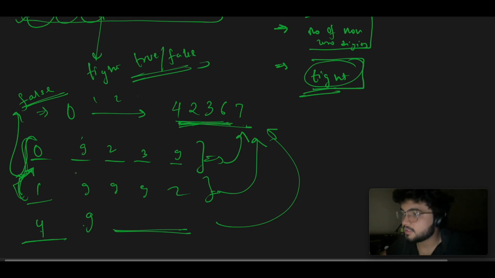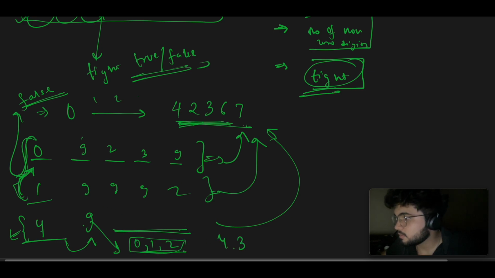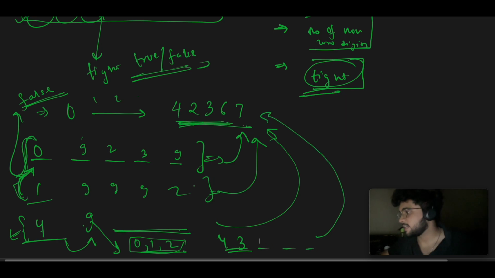So we don't have a tight bound situation where we cannot use any number here, right? But here, as we have the maximum possible number, we have a tight situation, right? We cannot have 9, we can have only 0, 1 and 2. These three numbers are possible because as we go 4 3 and whatever the rest three digits are, it will be greater than this number. So this is what tight is.